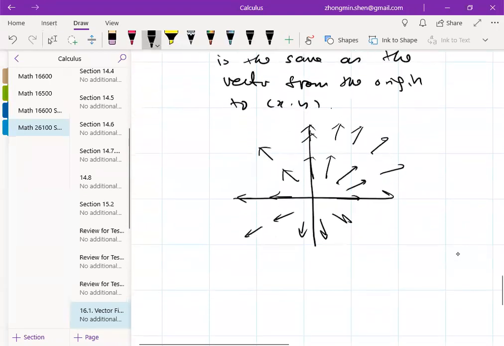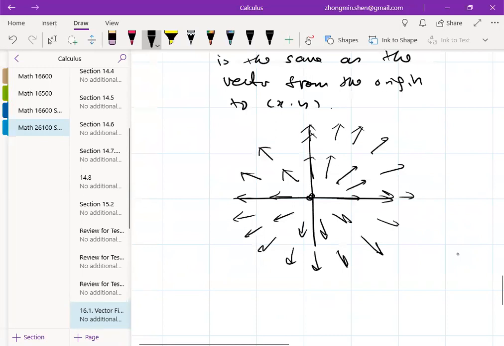So you just add more. Yeah, this is the way we draw it. When you look at this picture, it's just going out, but the vector has constant length, the same length, one. They're all unit vectors going out.